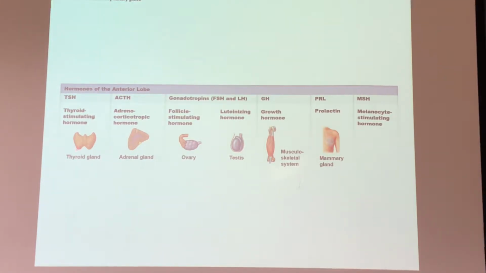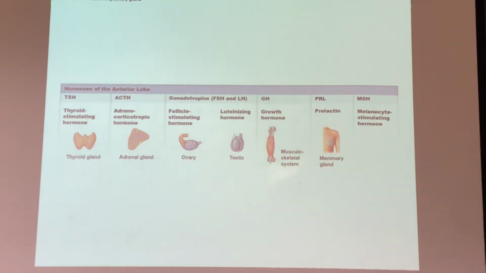So thyroid stimulating hormone is acting on the thyroid gland. Adrenocorticotropic hormone is basically acting on the adrenal gland. Follicle stimulating hormone is involved with the ovary, maturation of the follicle. Luteinizing hormone, they are in both male and female, and here it's shown the testis.